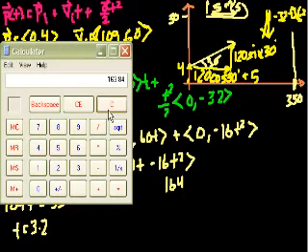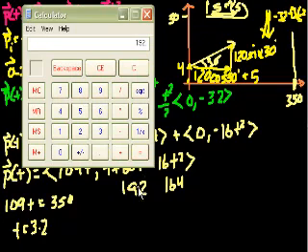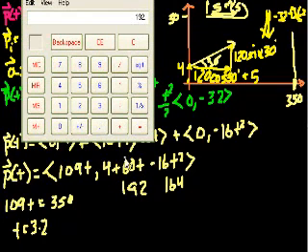And then what's 60 times 3.2? 60 times 3.2 is equal to 192. So we have 192 plus 4 minus 164, which is equal to 32.